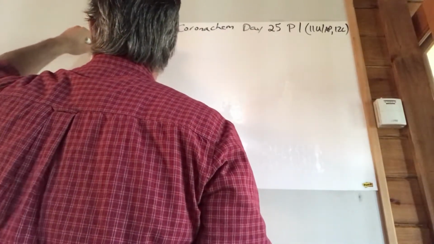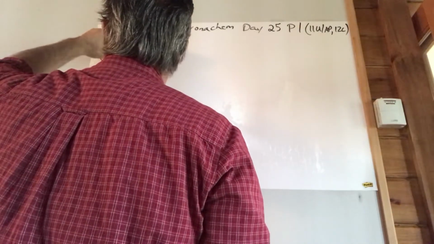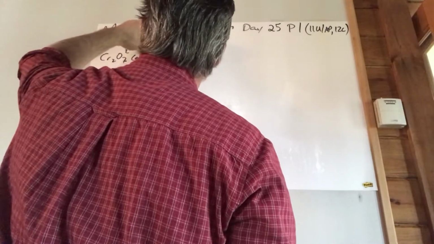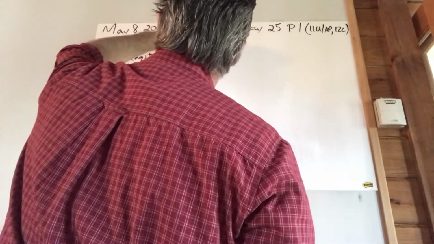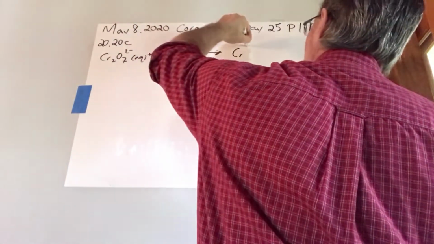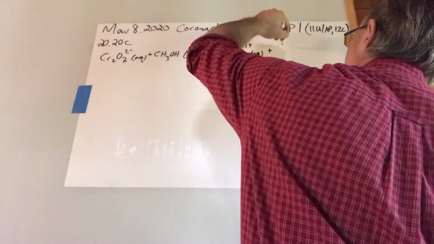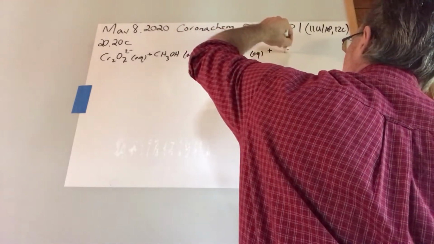So dichromate reacts with methanol to yield chromic and methanoic acid.